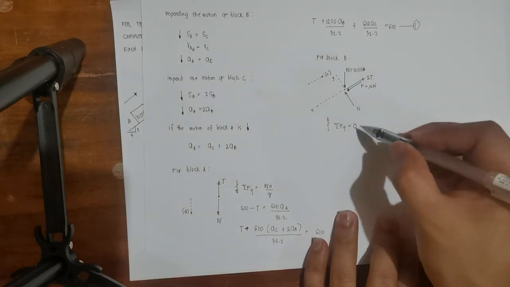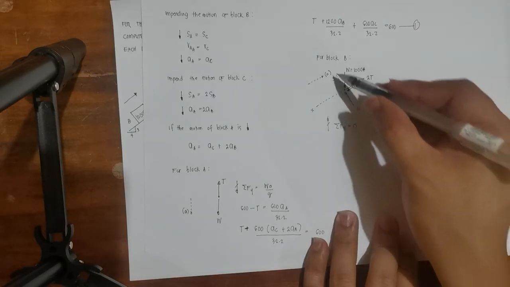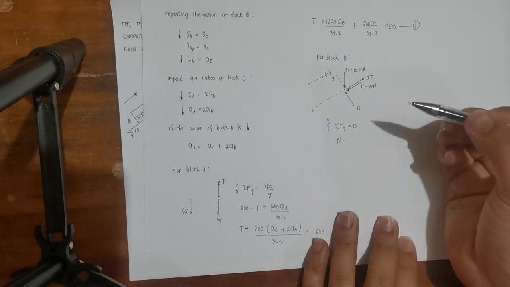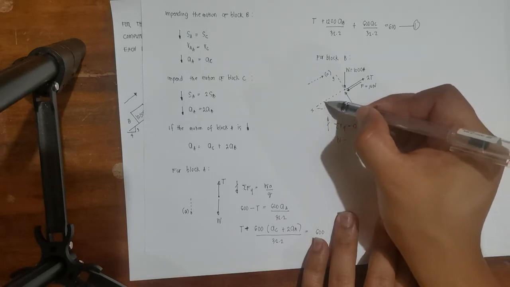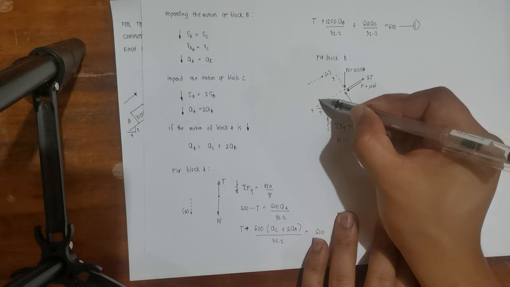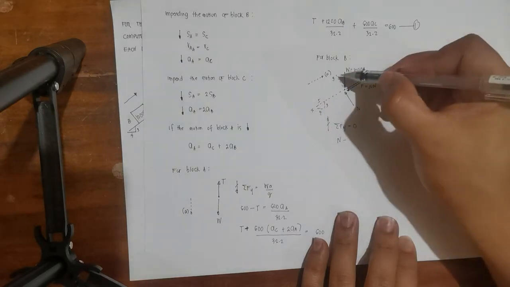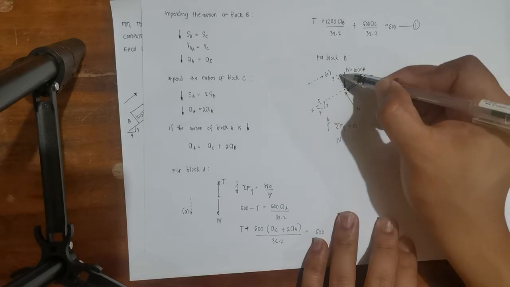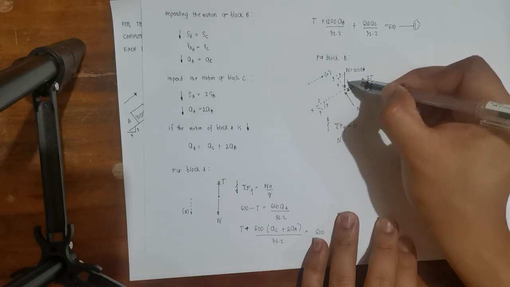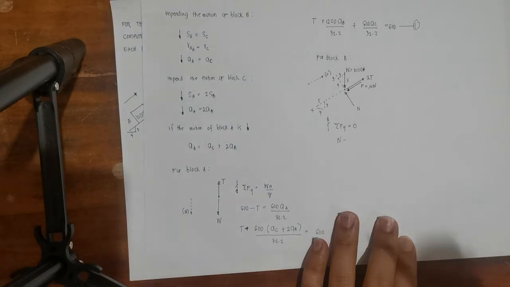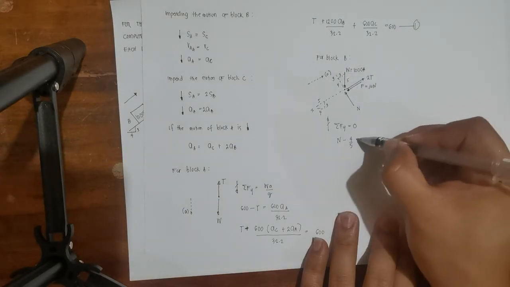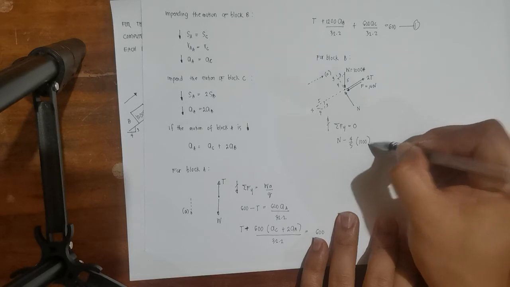Okay, so taking summation of force along y direction, ito yung y, we have normal force, minus, so this is 3, 4, 5, so sabihin, this is theta, this is 3, this is 4, this is 5. So, along y, that is minus 4 over 5 multiplied by 1,000.